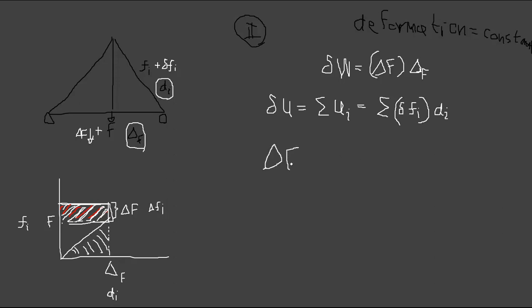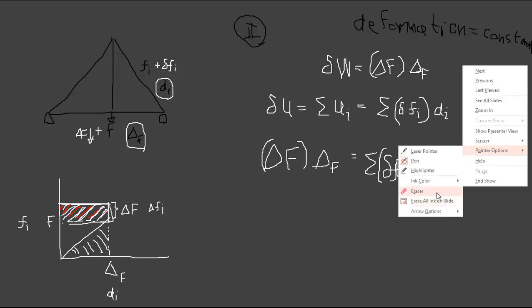So you can write delta F is equal to... so you can actually see these two parts, right?